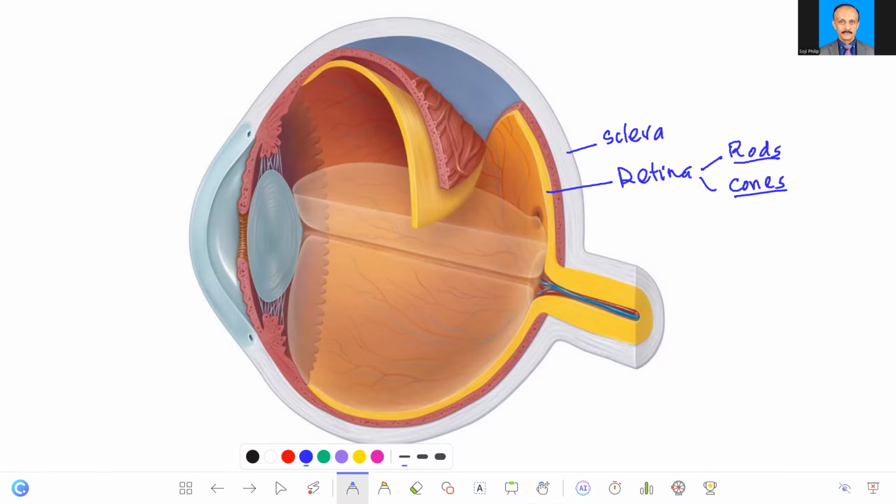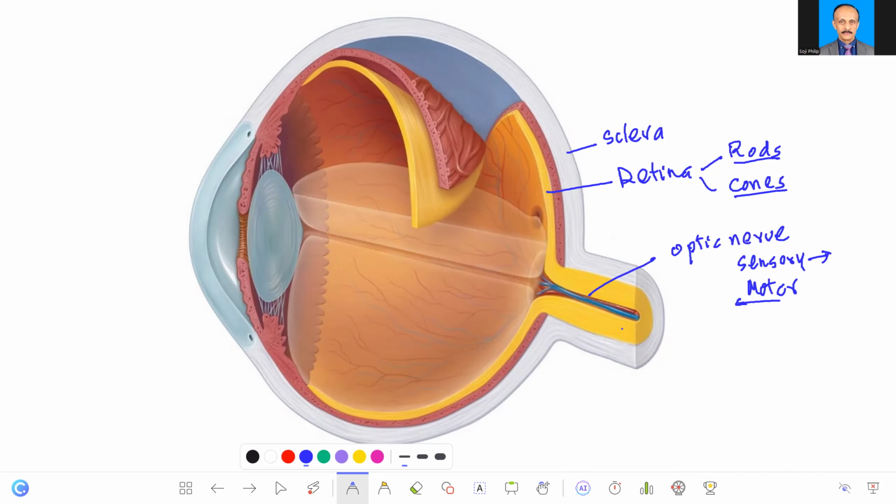We'll be talking about it on the next slide. And over here you find the optic nerve. Optic nerves can be sensory or motor. That means the sensory ones take the impulse to the brain and motor ones take the impulse to the eye.